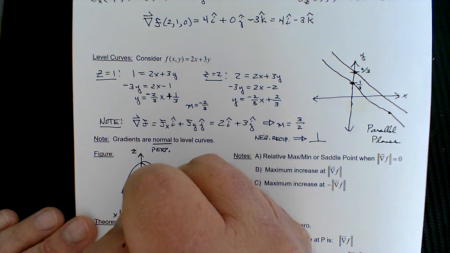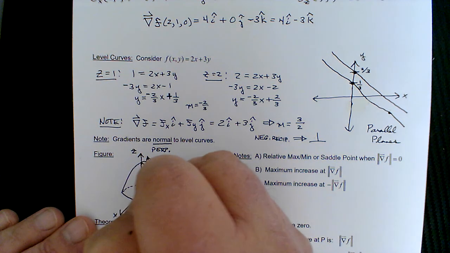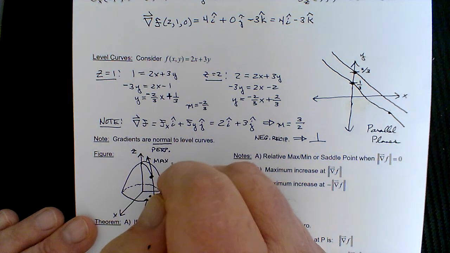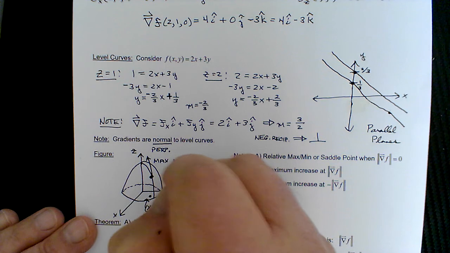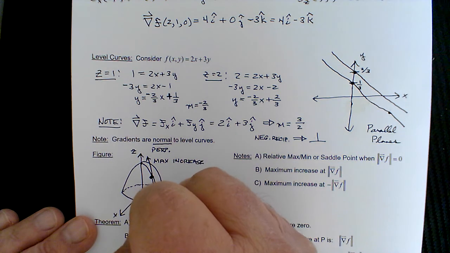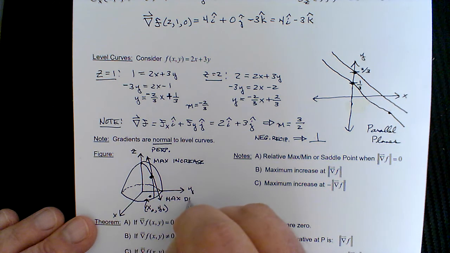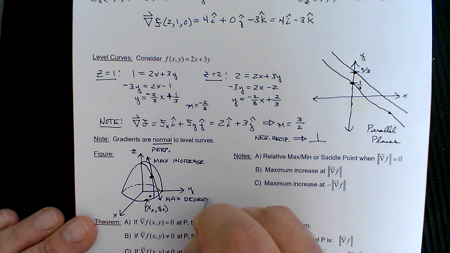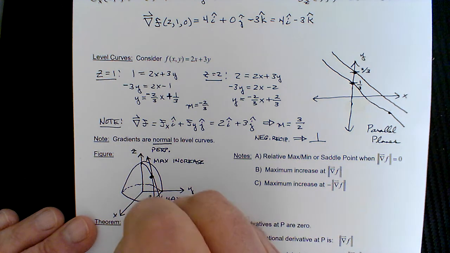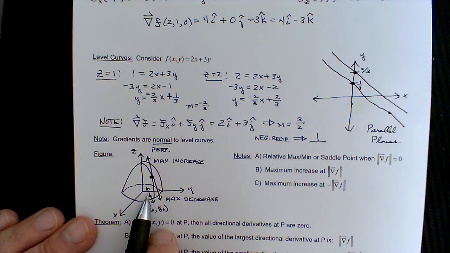But here, our interest is to find either the maximum slope, or the maximum increase, or in the opposite direction, that would give us the maximum decrease. And that would correspond to the two vectors that are the gradients, in the xy plane.